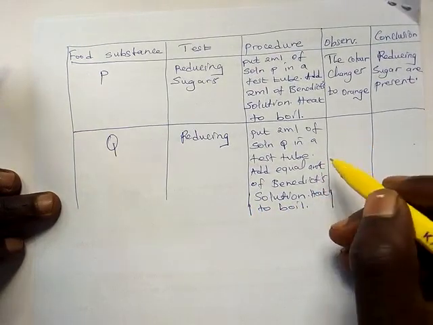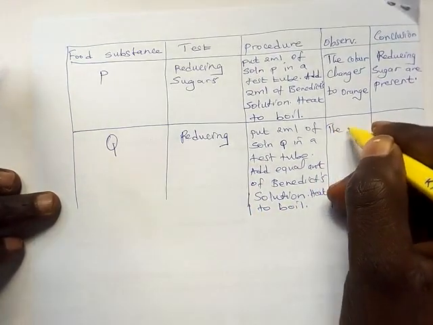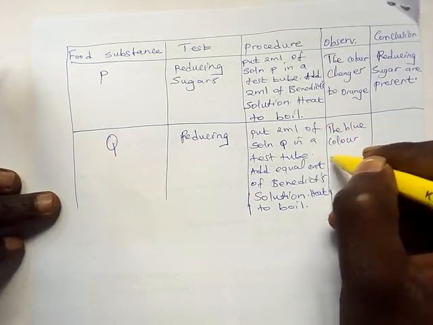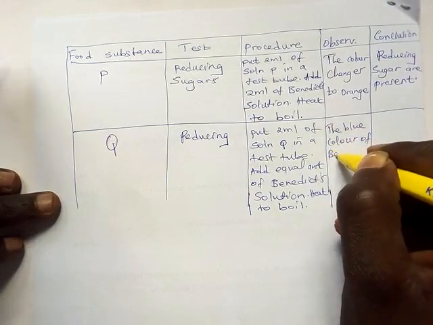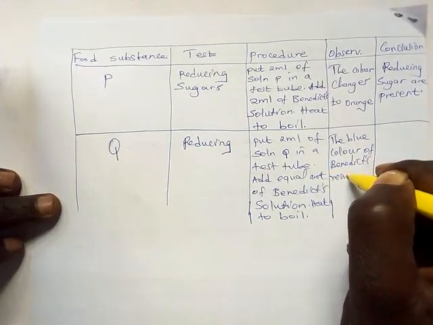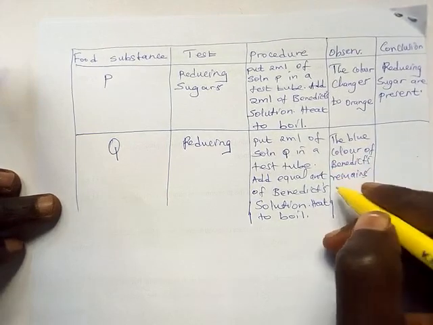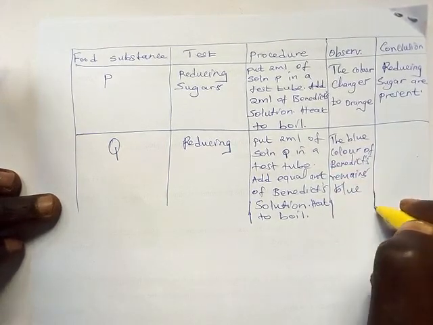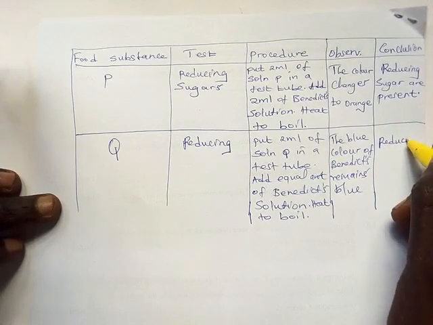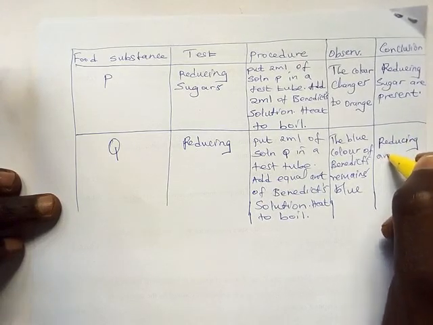And then here the blue color of the Benedict's solution remains blue. Now here in Q the reducing sugars are absent.